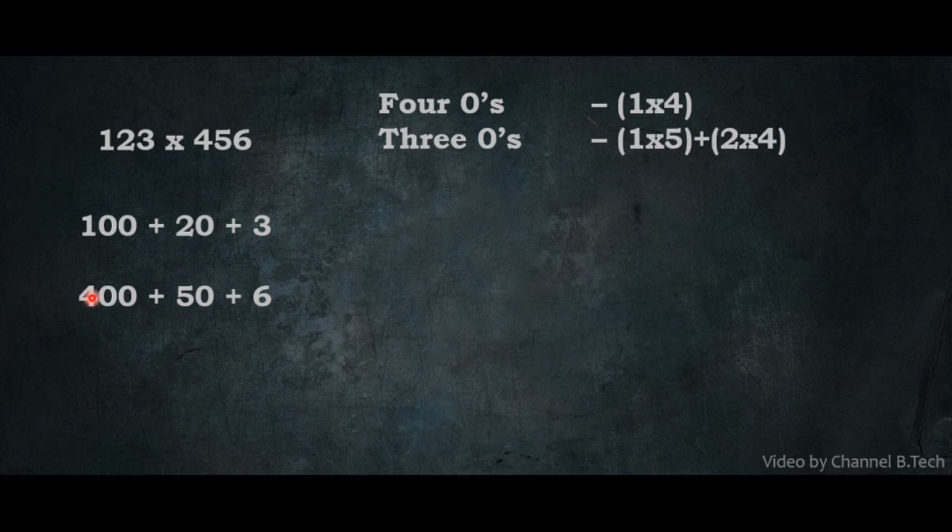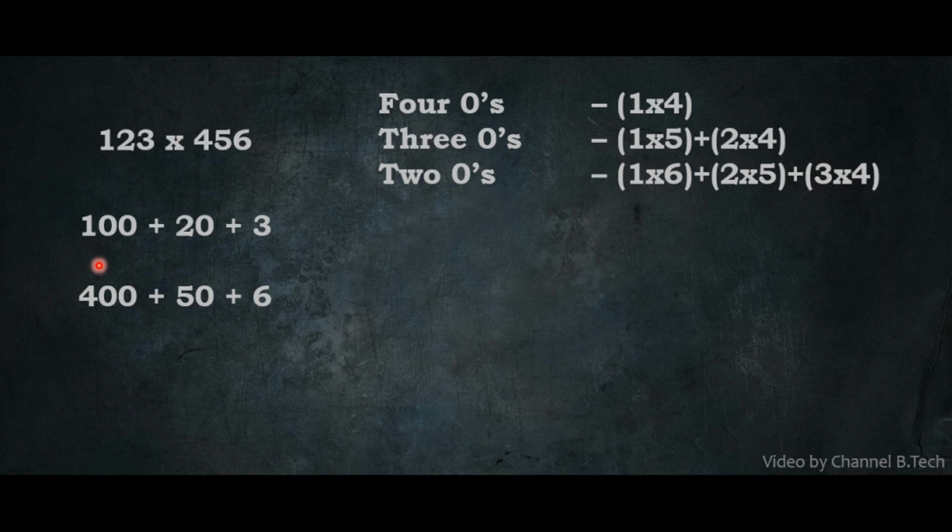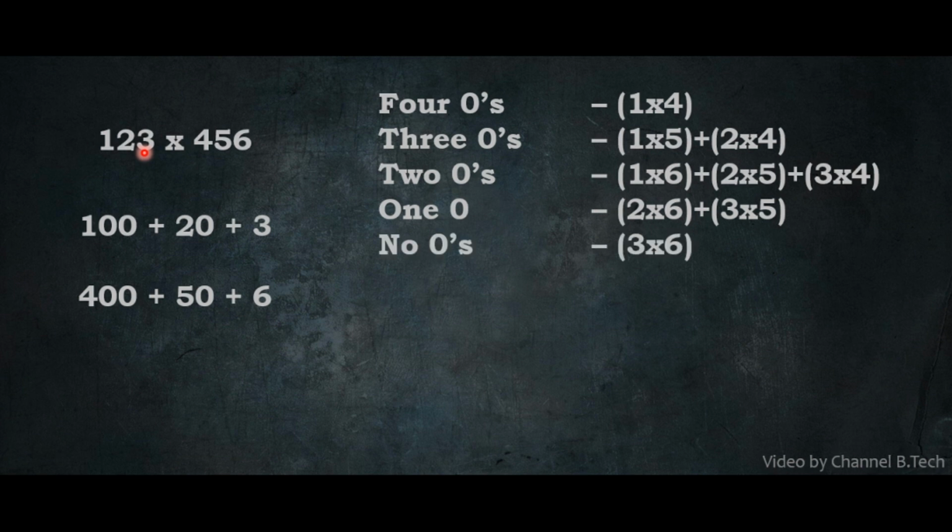So the next group is 1 into 6 plus 2 into 5 plus 3 into 4. Similarly, to get just one zero, 20 into 6 will give one zero. 50 into 3 will give one zero. So this is the next set that we should consider. 2 into 6, 5 into 3. To get no zeros, we have to multiply the unit digit of each number, 3 and 6.